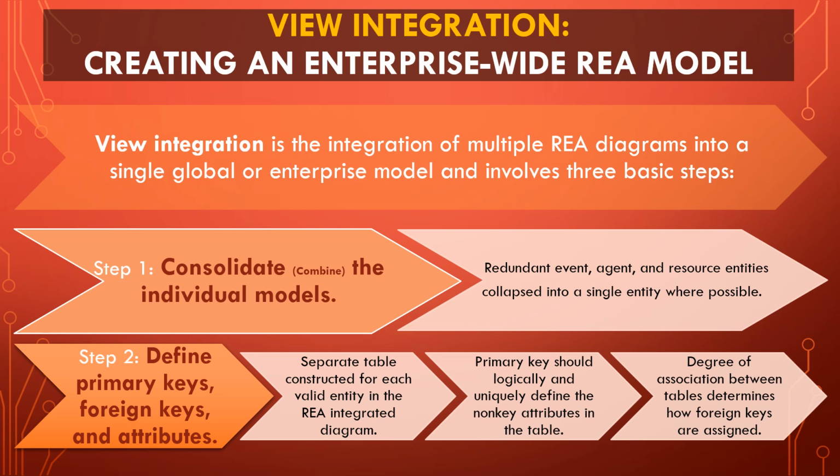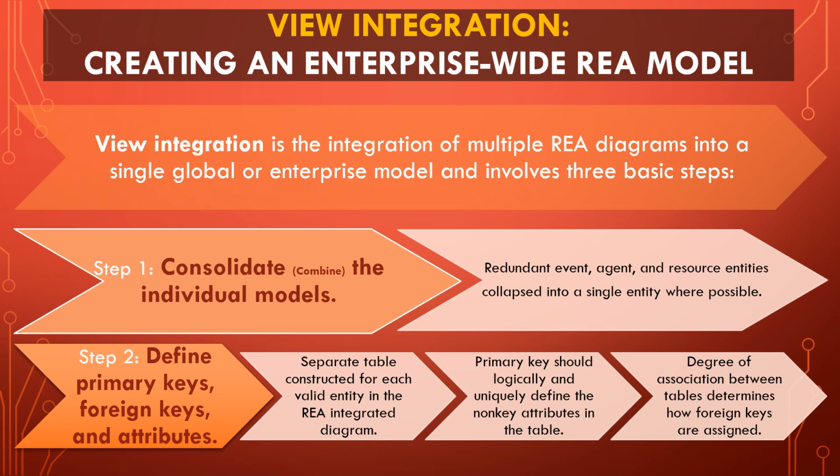So, step one is to consolidate and combine the individual models. When we combine, for sure we will have redundant event, agent, and resource entities. We need to check that and combine the entities where possible, meaning that instead of having the same agent twice, in the diagram we should have one and link to it.